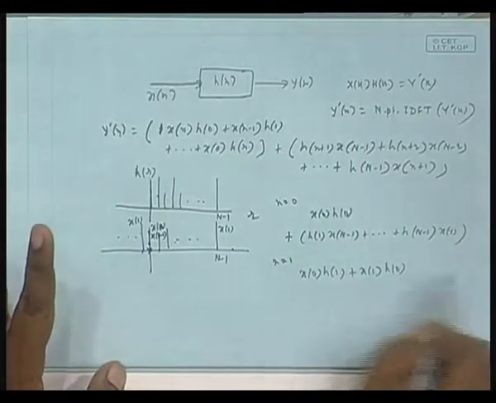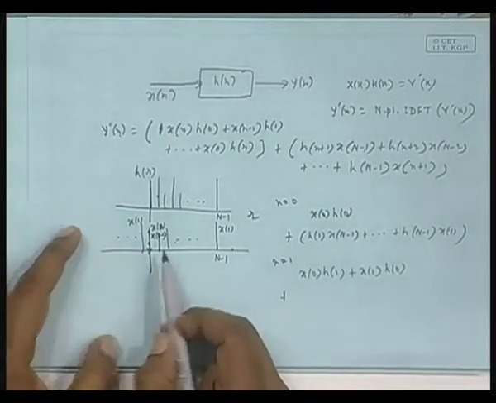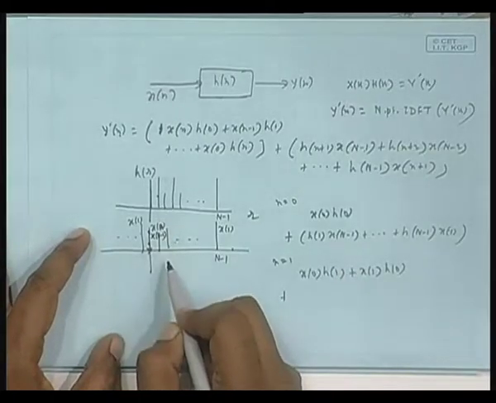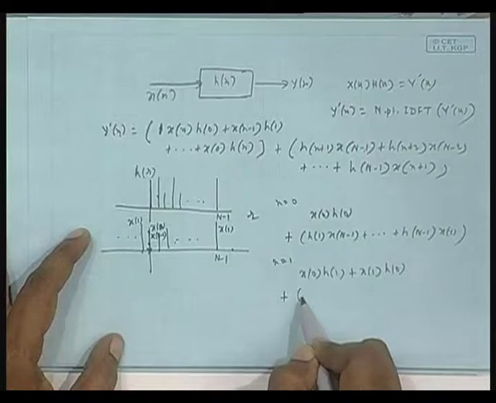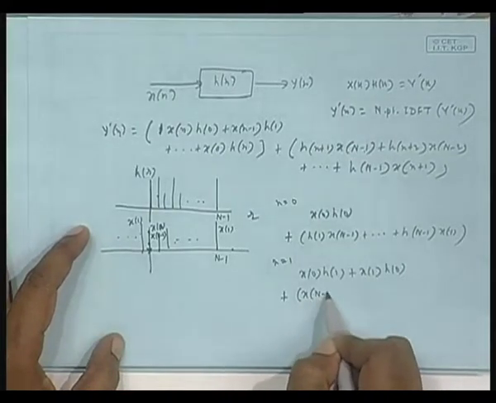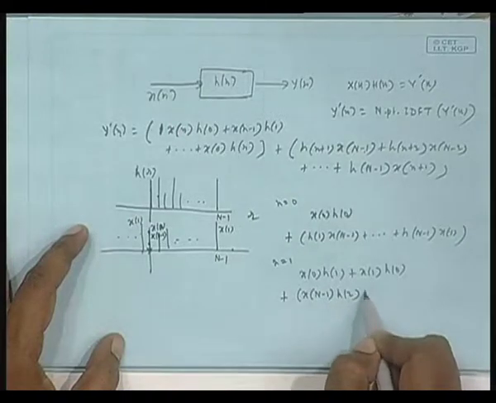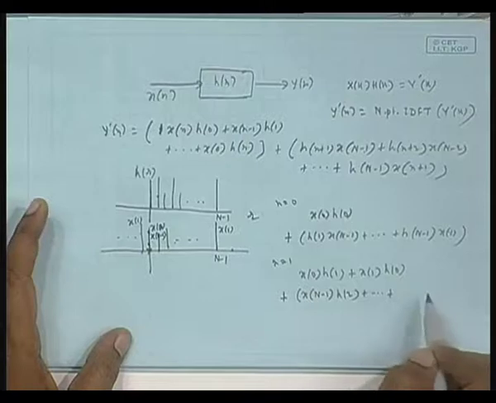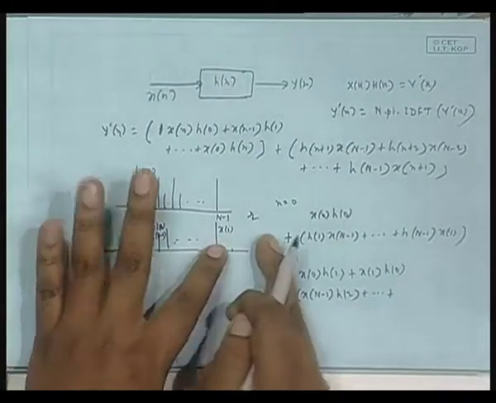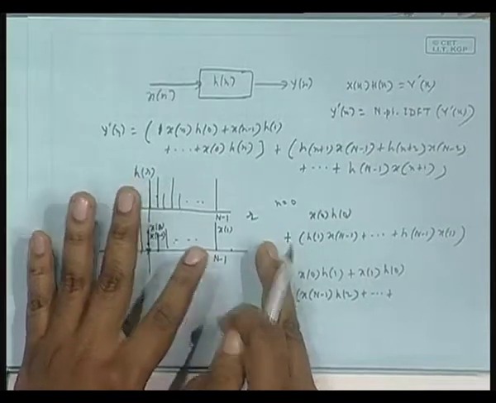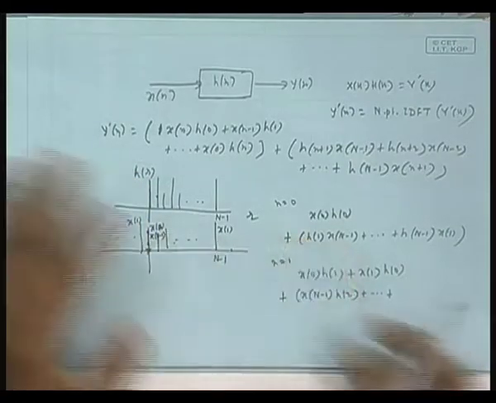So far so good, this is okay. And then x n minus 1 will go below h 2, and this x 1 will move out. Are you following me? x 1 will move out.